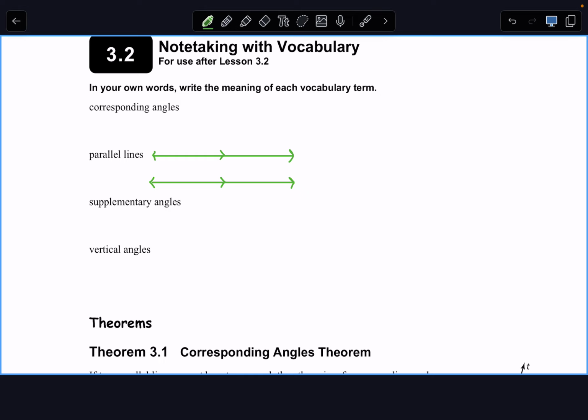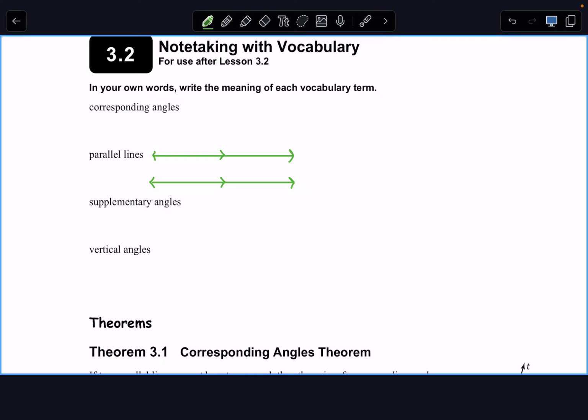Just kind of like our little tick marks with congruent. If there's multiple sets of parallel lines, then maybe the second set has 2 arrows on each line, signifying, hey, these are congruent. Or not congruent, parallel. I don't know why that word came out of my mouth.